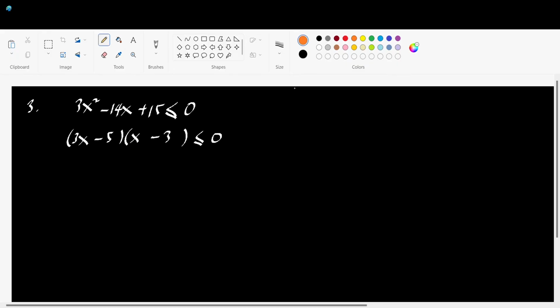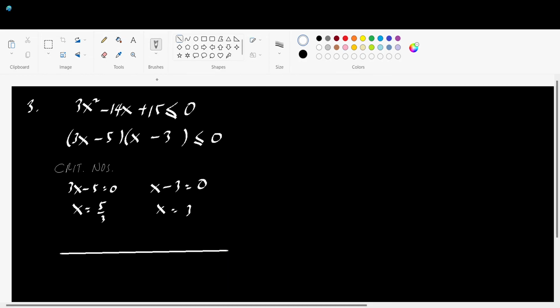Now, just like what we have done earlier, we just have to get the critical numbers. So we simply equate 3x minus 5 to 0 and x minus 3 to 0. So x is 5/3 and x equal to 3. We create a number line. We indicate the numbers 5/3 and 3. So 5/3 is 1.67.